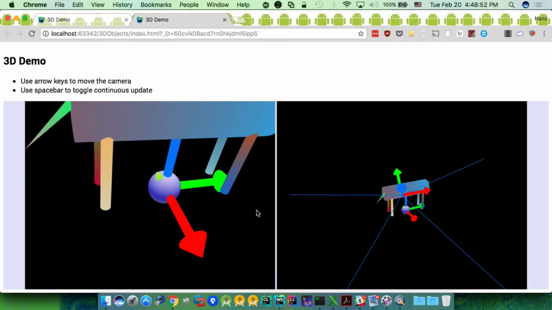And then I need to translate. After I rotate along the Z-axis, I need to translate along what axis? The whole head group: X and Z.